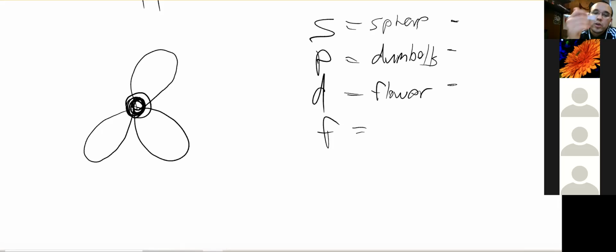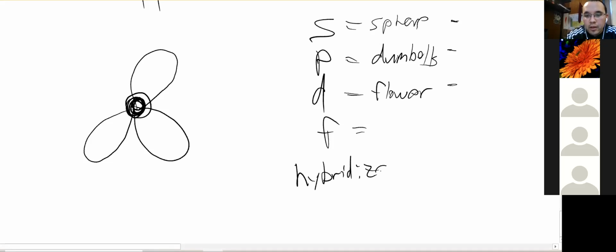Hybridization, very good. So we started to say, okay, maybe when we form these bonds, those molecules, they mix some of these orbitals together and they come up with these new orbitals, and that was our hybridization. So when we hybridize, if we have 3 electron groups, what would a hybridization be? SP2. SP2, right?